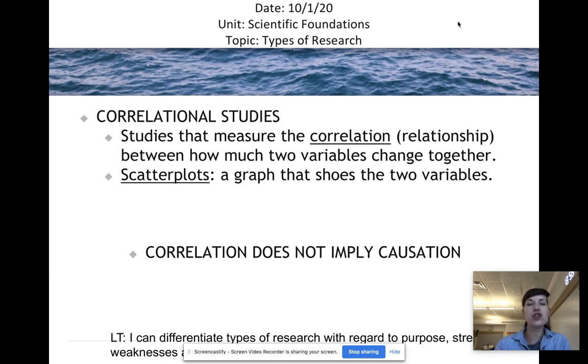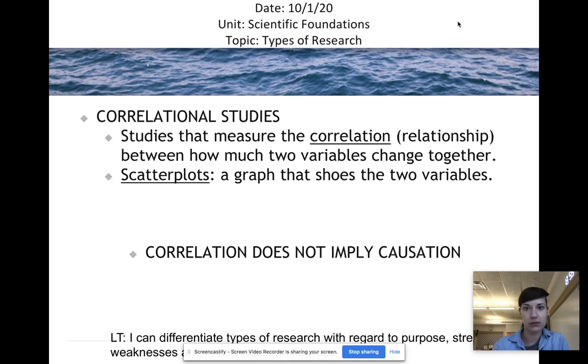Okay, but before I show you what some scatter plots look like, I want to be very, very clear about something. When two things correlate, you cannot say that one causes the other. A correlation is not the same thing as a causation. Ever. Never, never, never.